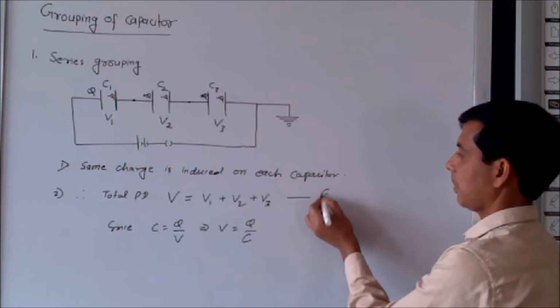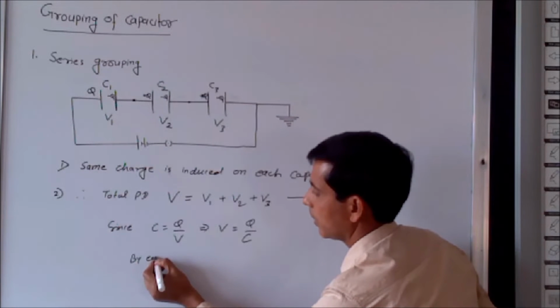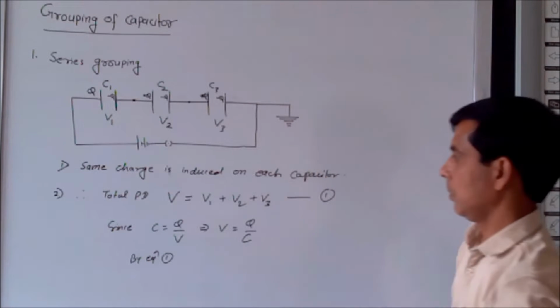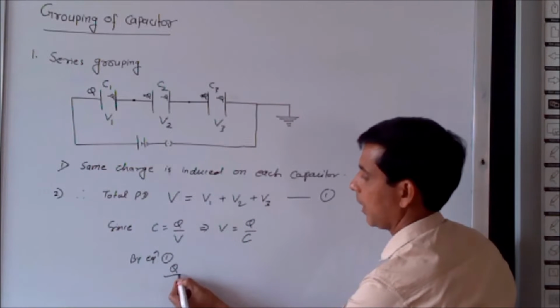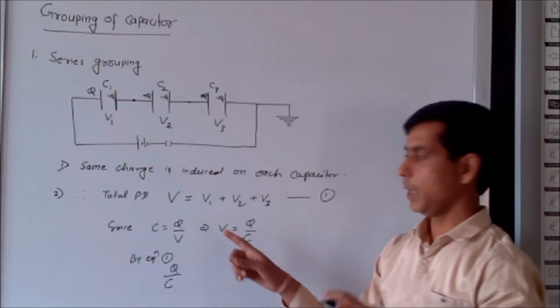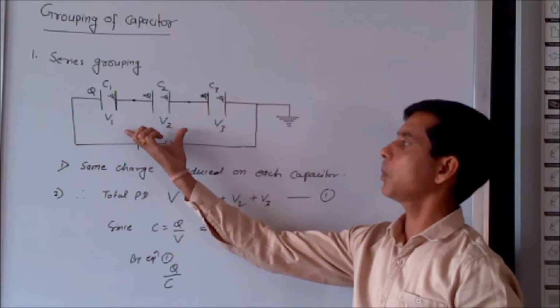By using this formula in equation 1, V can be replaced by Q by C, where V is the resultant potential.